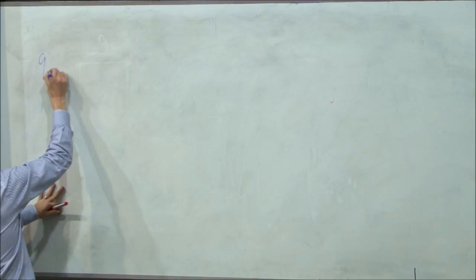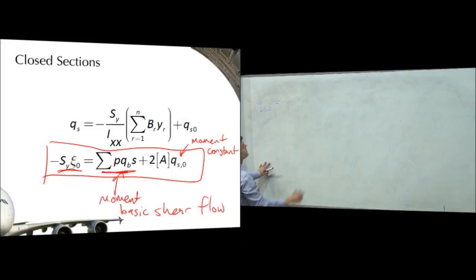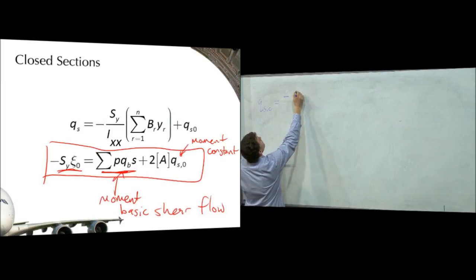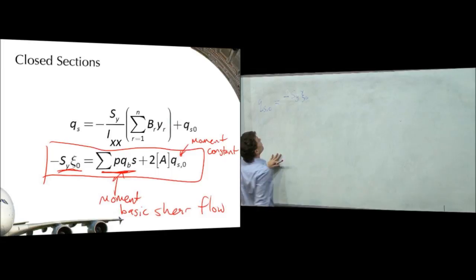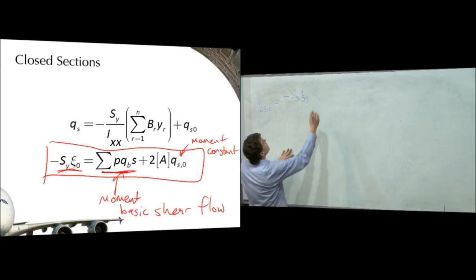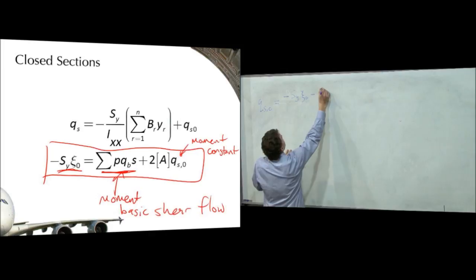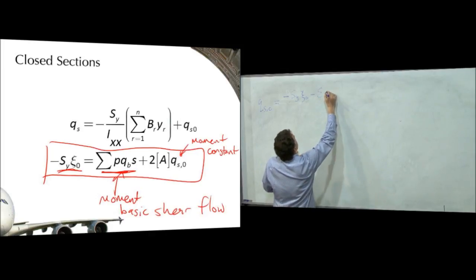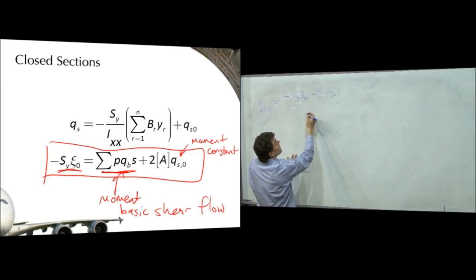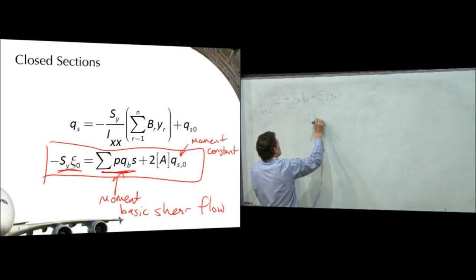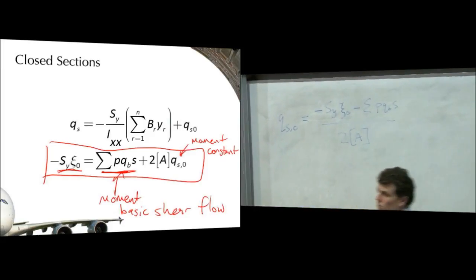So I'll just do a quick rearrange of the formula up the top there. QS naught equals, we're rearranging what we've got up there, so we've got minus SY xi, and I can never write that symbol very well, minus sum of PQBS all over 2 times the area.